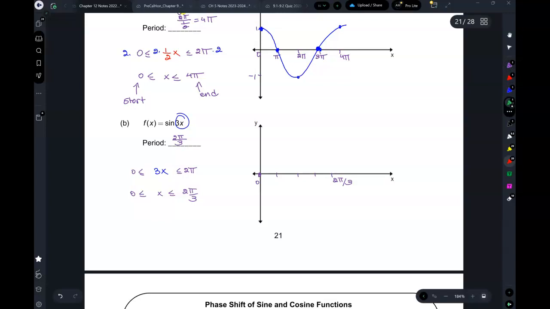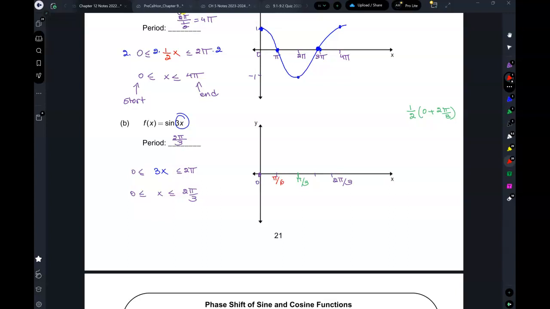You always have to go half point, right? What's the half point from 0 to 2 pi over 3? What's the midpoint? Pi over 3. So basically the midpoint between 0 and 2 pi over 3 is the halfway point, so that's just pi over 3. Here, you divide by half again, so it's pi over 6.